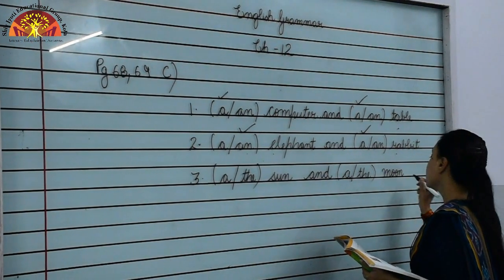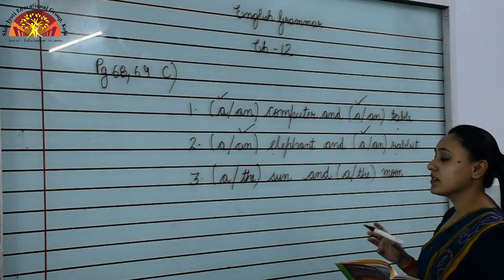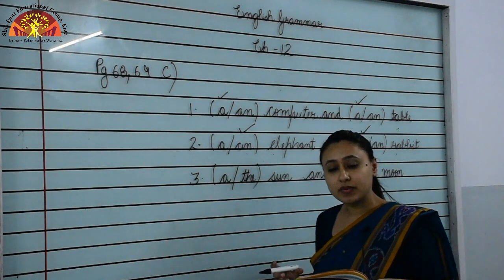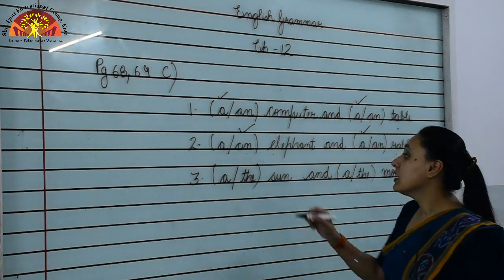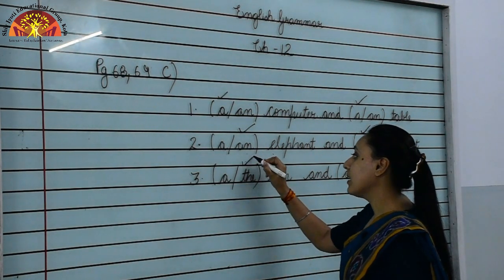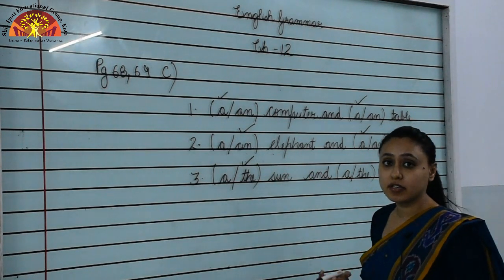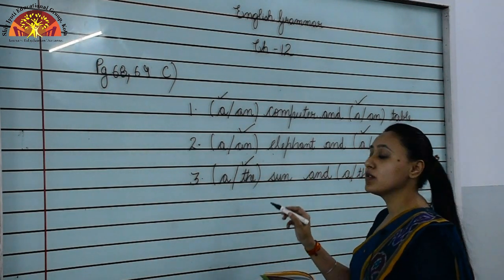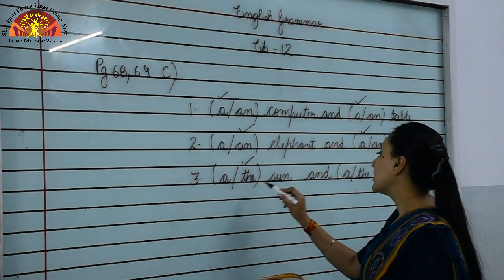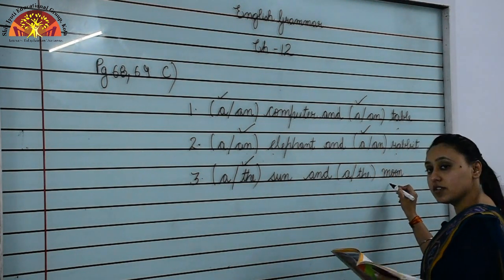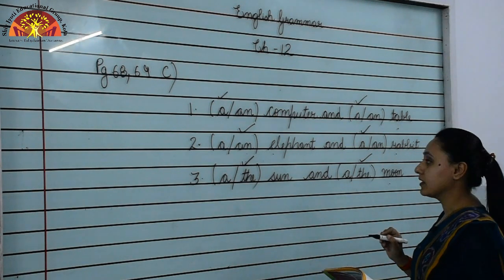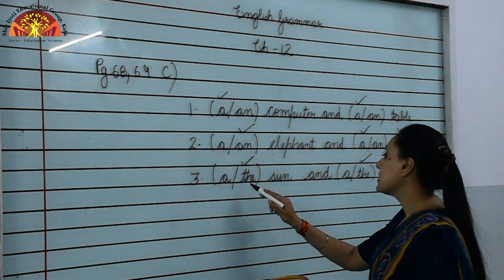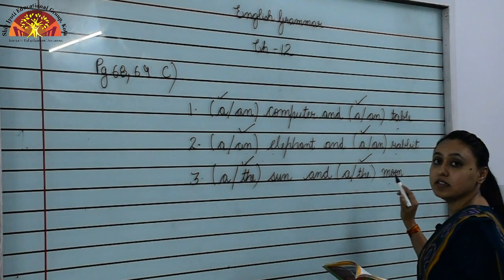So children, sun, moon, stars, earth, these are all universal objects. Here we are talking about specific things, so we use the before them. We have learned that whenever we talk about universal objects, we use the before them. So the sun and moon are also universal objects, so we will choose the here. So the sentence is the sun and the moon.